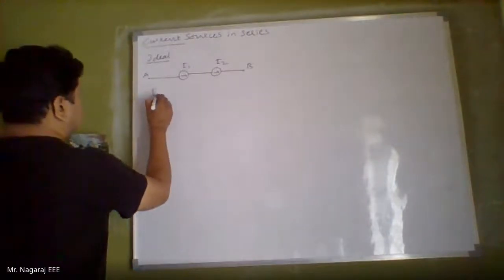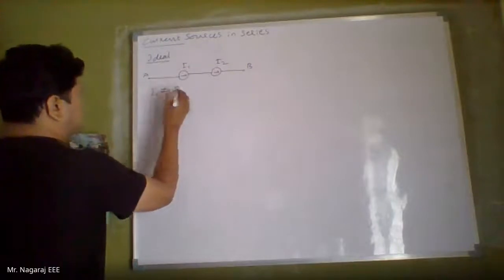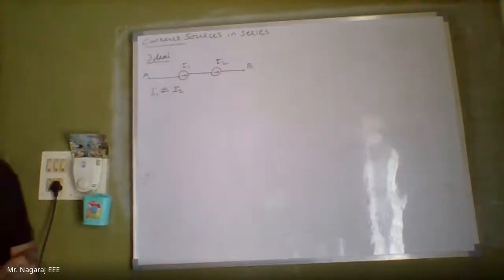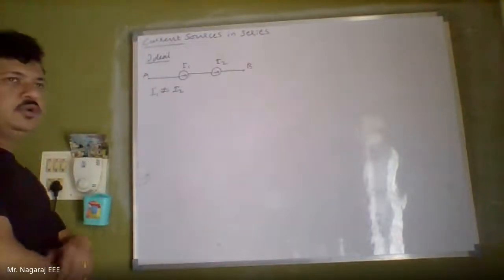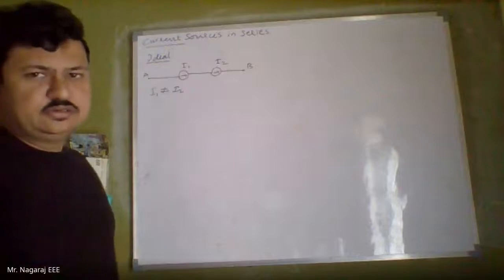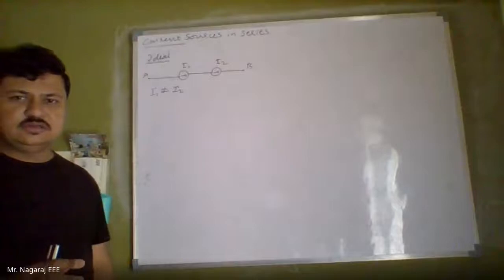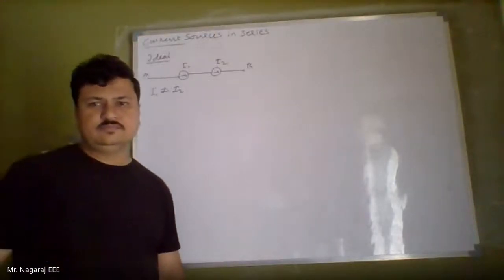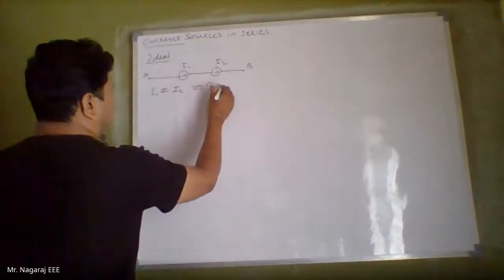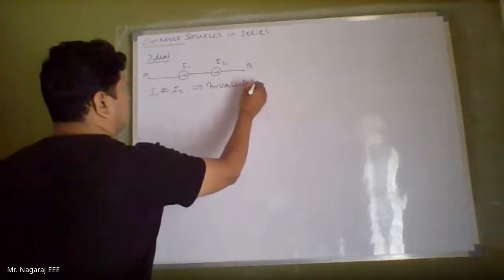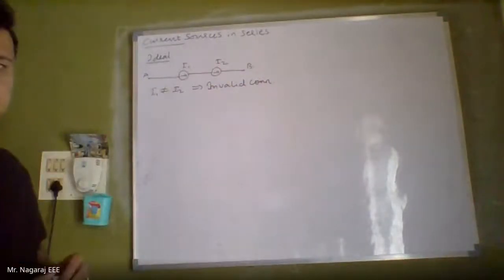If I1 is not equal to I2, this is very important: I1 not equal to I2. When I get two ideal current sources in series, and both the source values are different, then that is an invalid connection. Why is it an invalid connection?